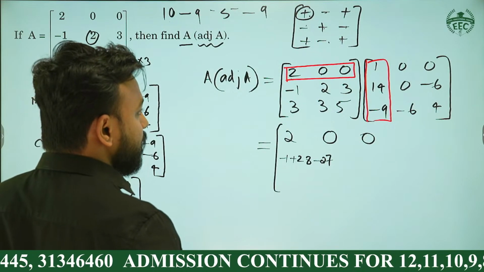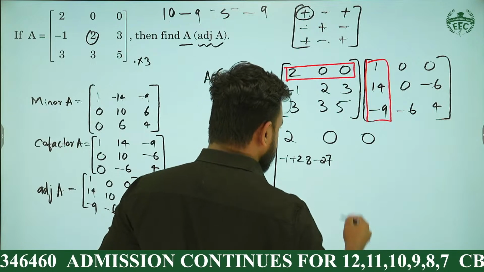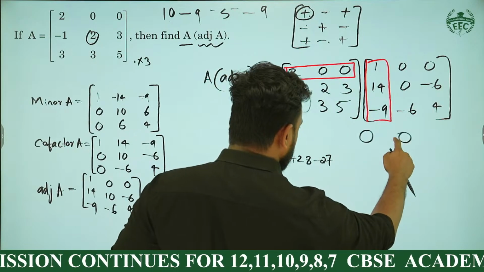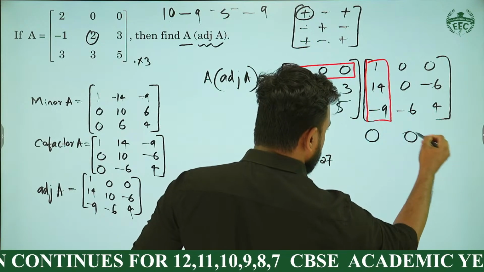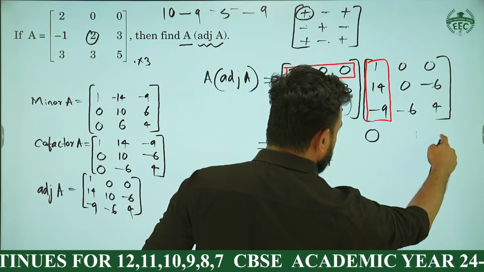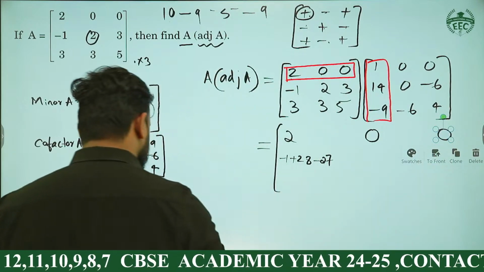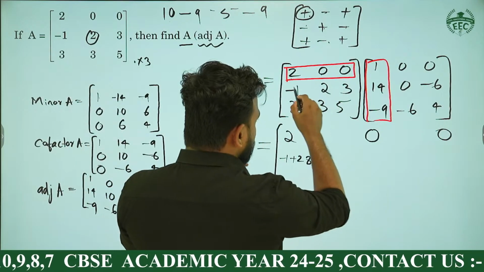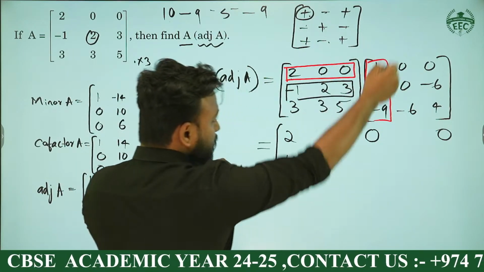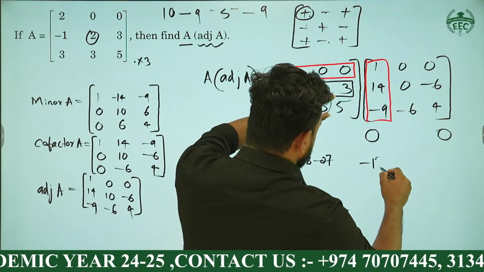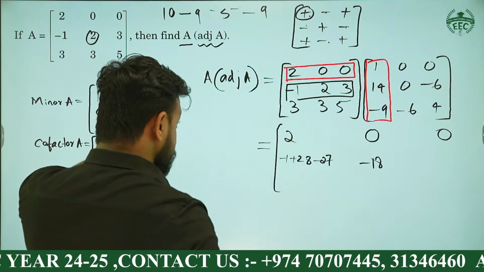Ready? Then after that, listen, multiply this row with that, these two terms become 0, and the third term will be minus 18, right? Minus 18. Ready?